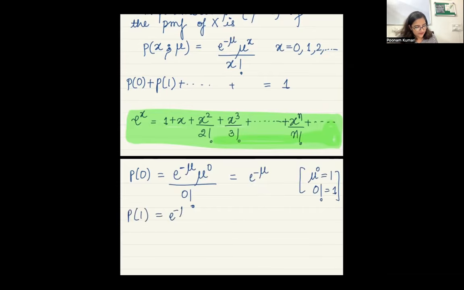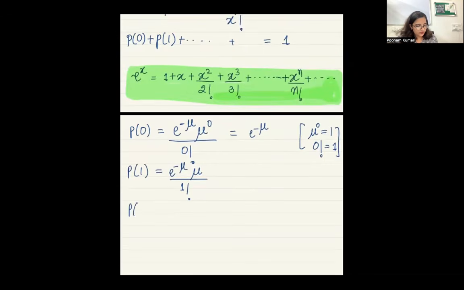What is P1? e power minus mu times mu divided by 1 factorial, right? What is P2? e raised to the power minus mu, mu squared divided by 2 factorial, right? We can keep doing this.